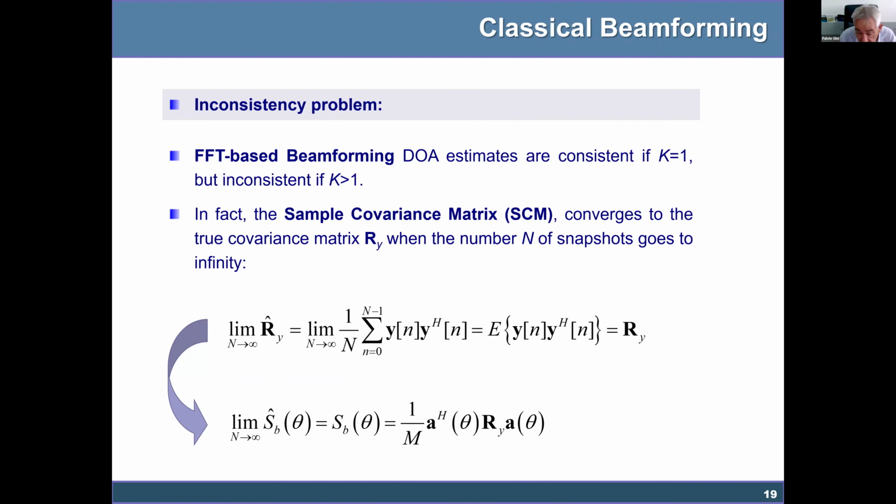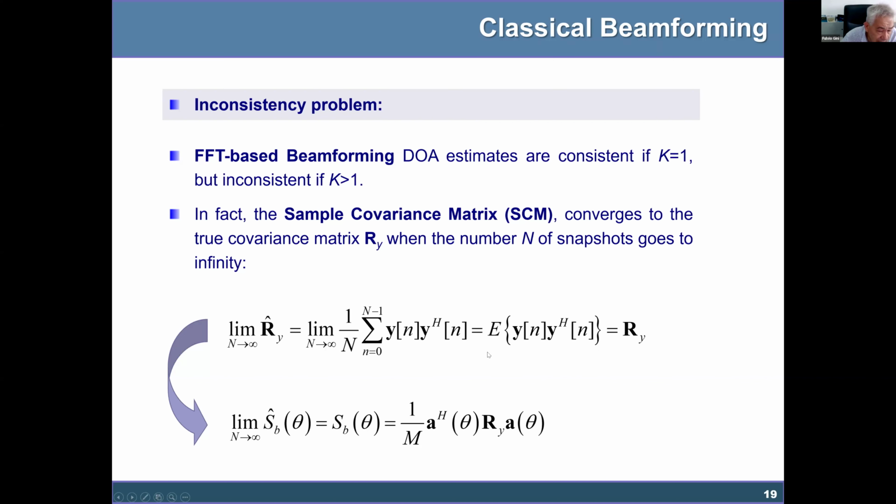Now, how do we prove this? How do we show this important fact? First, let's assume that K is equal to 1. Now, we know that the sample covariance matrix, as any sample estimator, is consistent. So when the number of snapshots N tends to infinity, the sample covariance matrix tends to the true covariance matrix because the average tends to the statistical expectation.